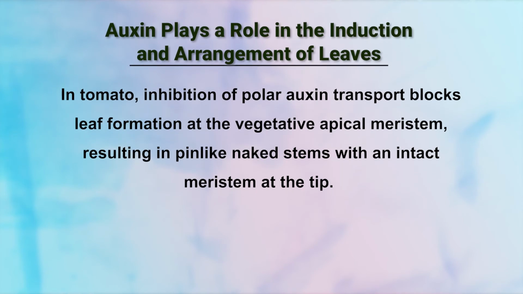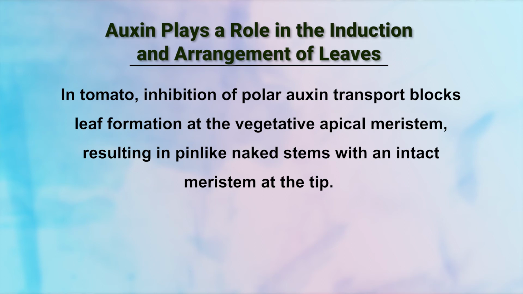In tomato, inhibition of polar auxin transport can block leaf formation at the vegetative apical meristem. Now, this polar transport can be blocked, for example, by mutating the gene encoding the PIN protein.